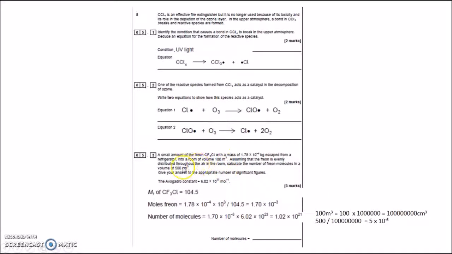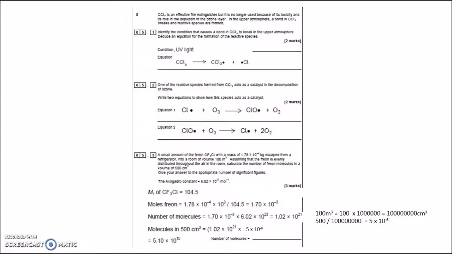I need to scale down to work out how many particles are in only the 500 centimeters cubed sample. So the number of molecules in 500 centimeters cubed is the number of particles that I had multiplied by my scaling down factor, 5 times 10 to the minus 6, and it comes out as 5.10 times 10 to the power of 15.